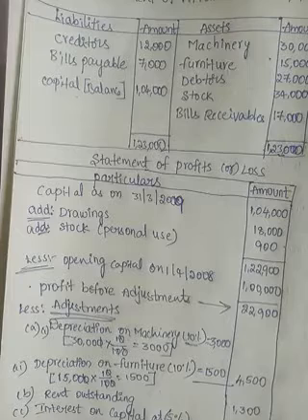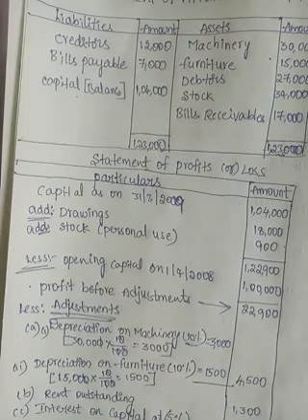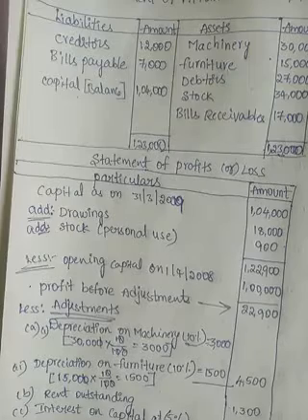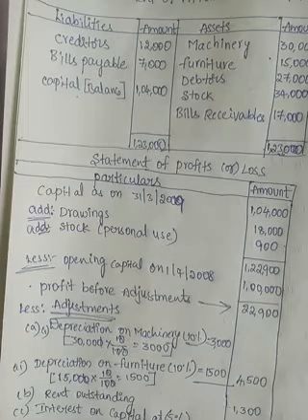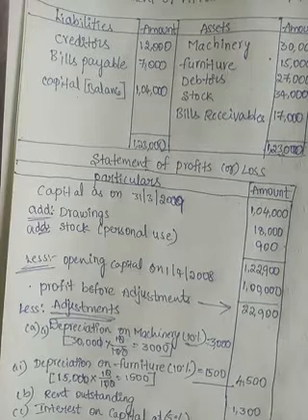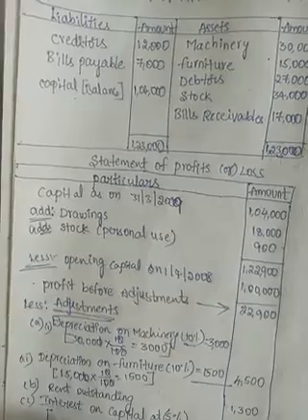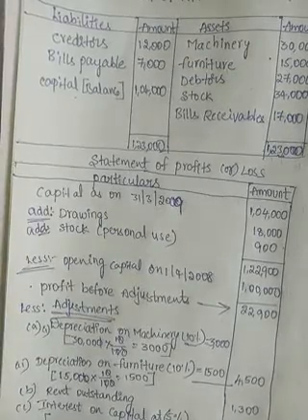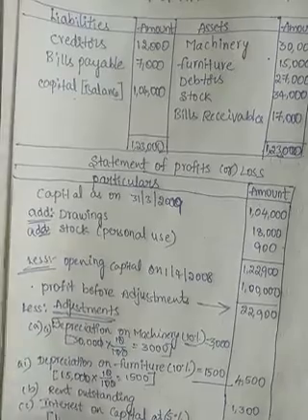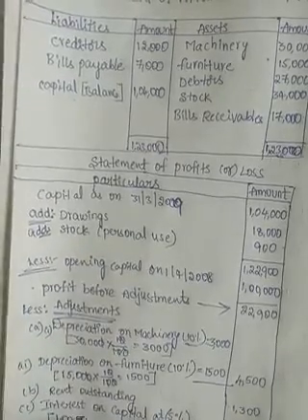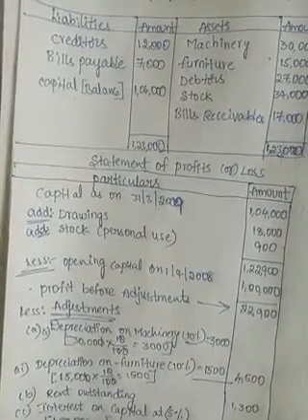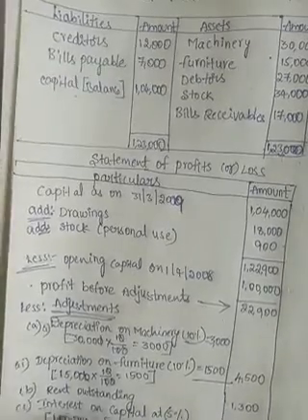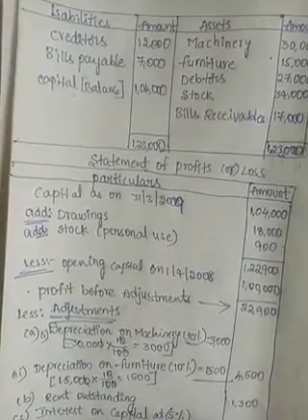On which amount will we calculate this interest? It will be calculated on the opening capital, because we do it at the end of the year. Sanjay started business with a capital of rupees 1 lakh, so on 1 lakh we calculate the 5%. 1 lakh into 5 by 100 is 5,000. Interest on capital is 5,000.